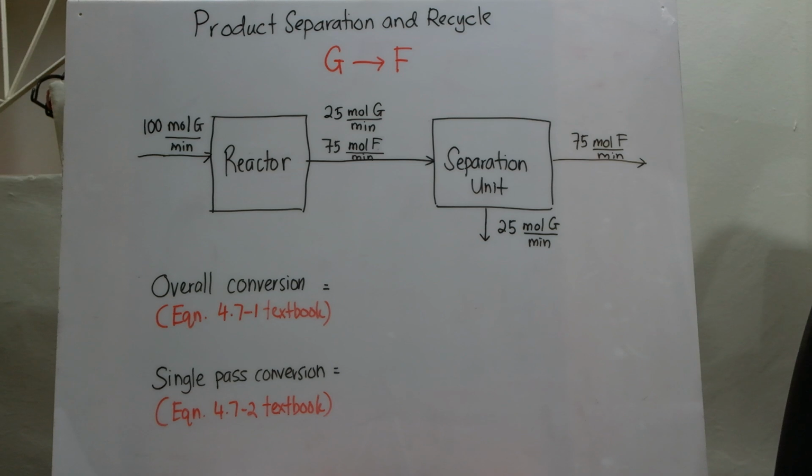When we have a reaction system, a process that has a reactor and a separation unit together in multiple processes, we will need to know two concepts: overall conversion and single pass conversion.